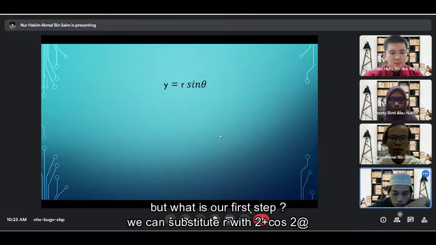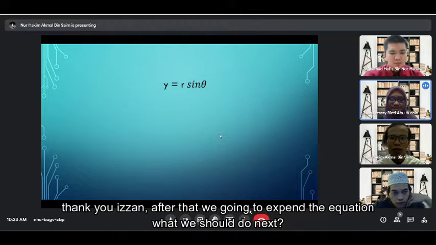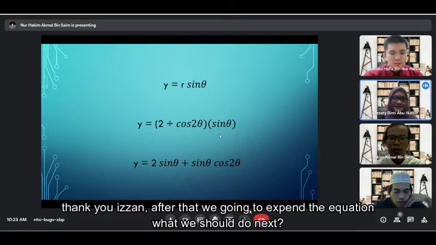We can substitute r with 2 plus cos 2 theta. Thank you, Ethan. After that, we're going to expand the equation.